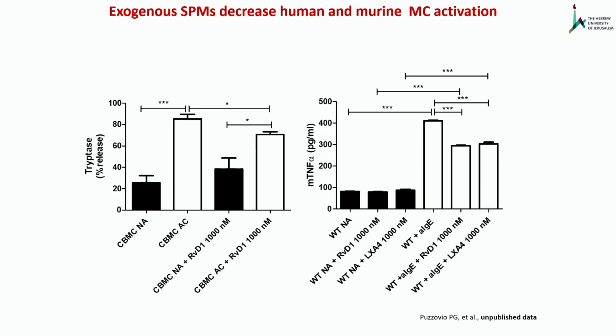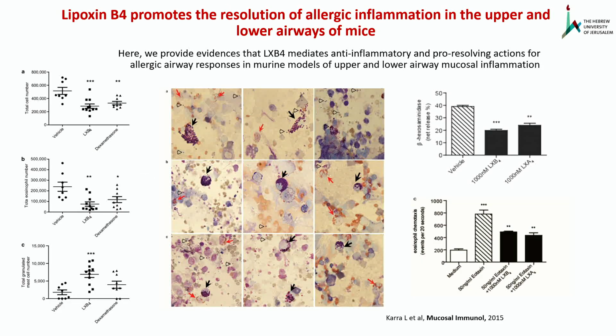We found also, together in the lab of Bruce, that exogenous SPMs can decrease human and murine mast cell activation, indicating that human mast cells have a receptor for at least resolvin D1 and lipoxin A4, which have a shared receptor.